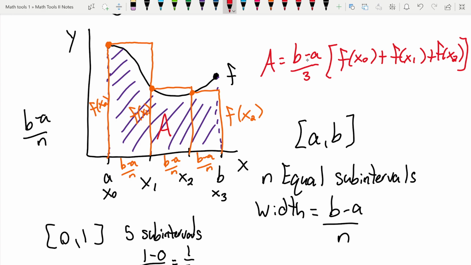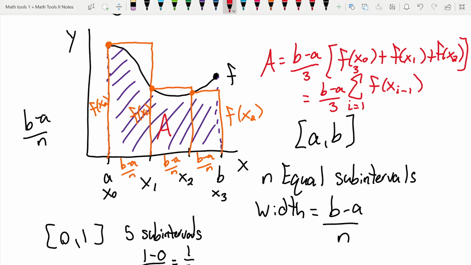They're all multiplied by the same width, so we can just pull the width out to the front here. So using the sigma notation, this would be b minus a over 3 times the sum of f of x sub i minus 1, for i equals 1, 2, 3.